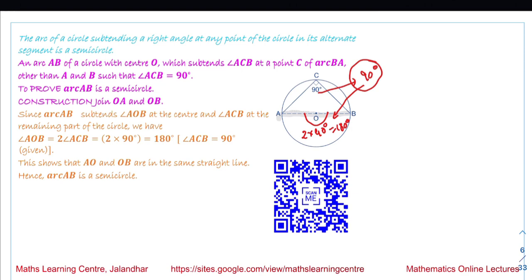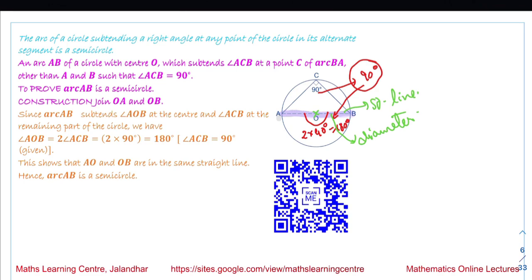And if this angle is 180 degrees, it means this line AOB is a straight line, and since it is passing through the center O, it means this is the diameter. So this proves that this ACB is a semicircle.